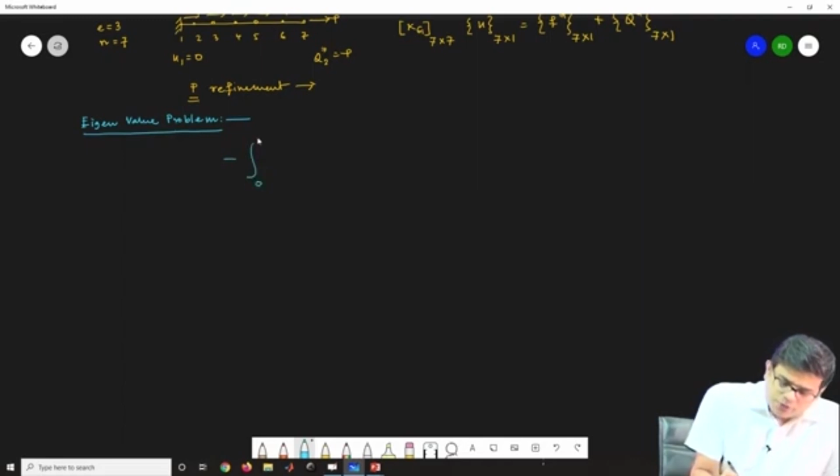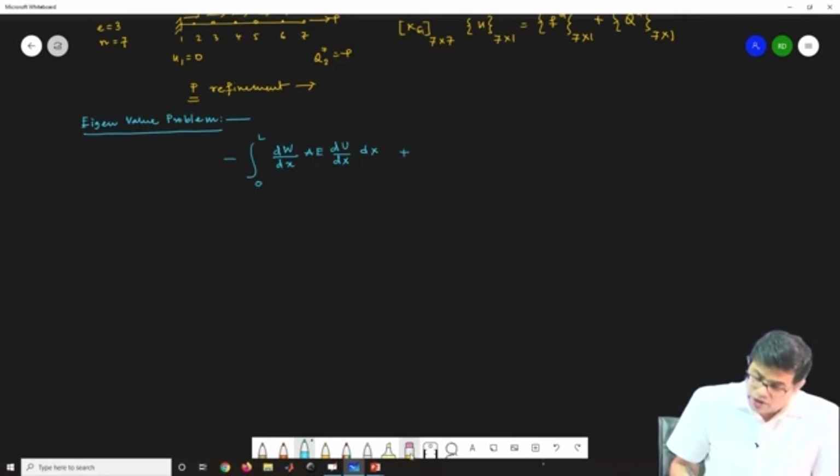This is integral 0 to L, let us take W as the weight function, and this is dx, and then A du/dx, and then this is, so I can change the sign.